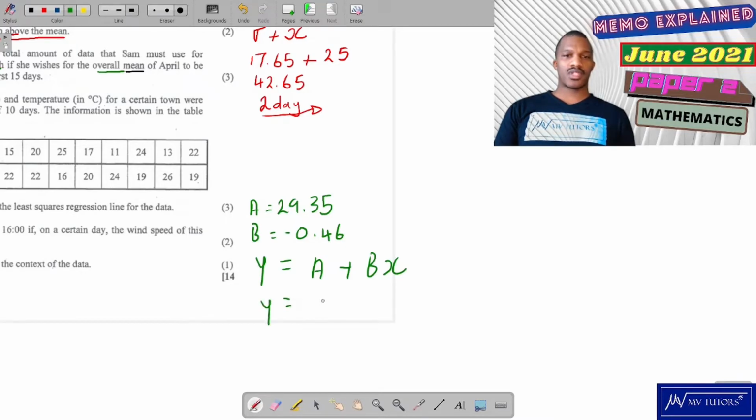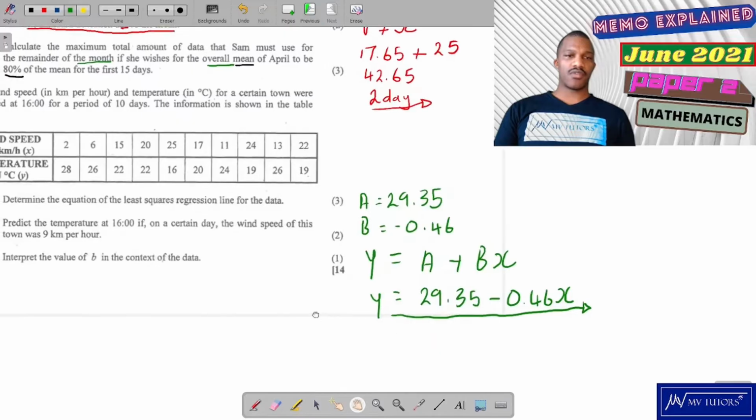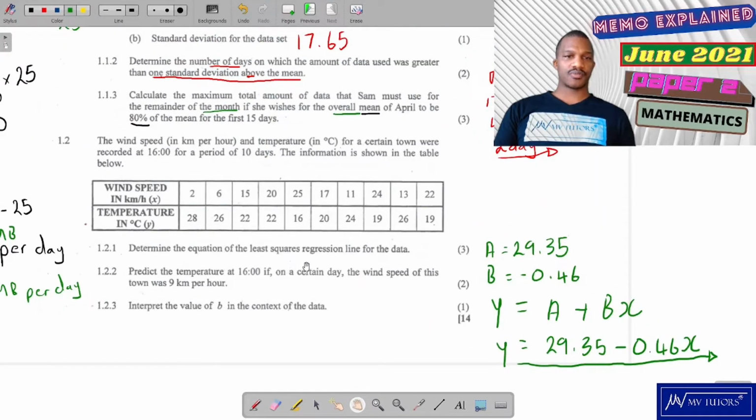So a is 29.35, b is minus 0.46, so y equals 29.35 minus 0.46x. This, ladies and gentlemen, is our answer. That's the equation for the regression.